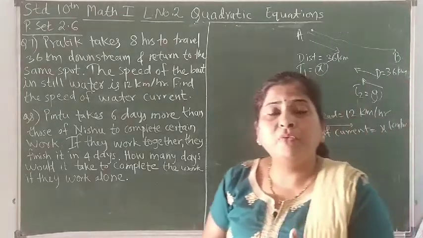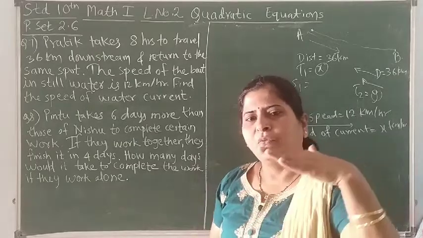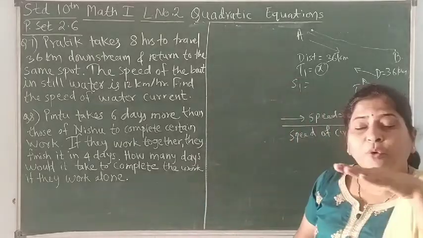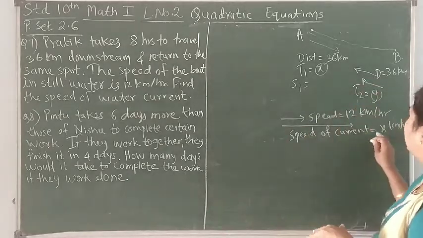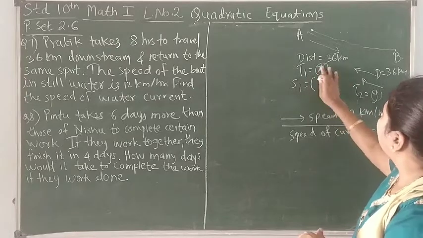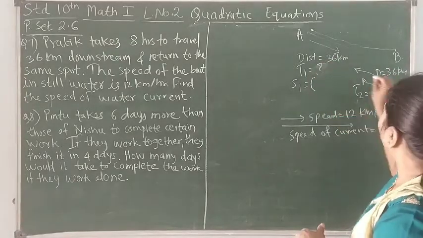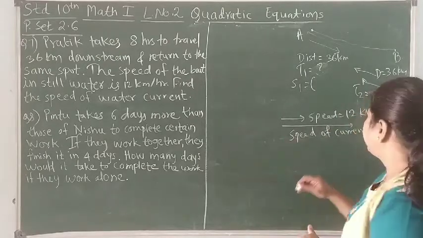It will be more, as the speed of the current will add to the speed of the boat in still water. So this should not be x, y; t1 we don't know, t2 we don't know. We will see what to do about it.